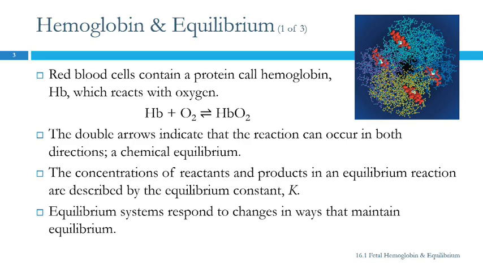The concentrations of these reactants and the product are going to be described by the equilibrium constant. And what happens is that if you change something about the equilibrium, it's going to respond in a way that restores the concentrations to meeting the equilibrium constant.